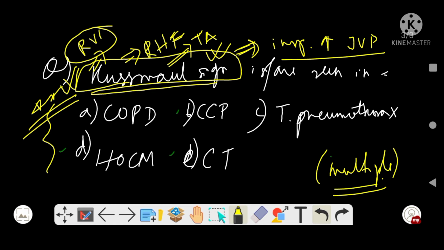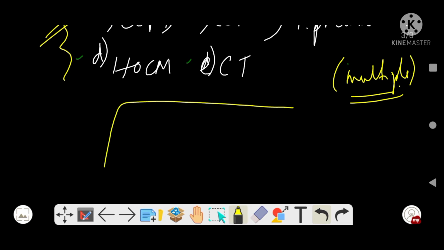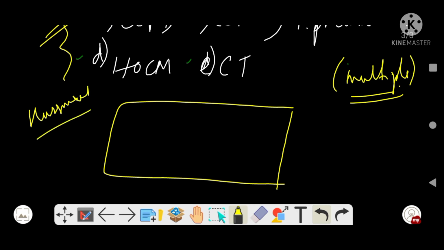Then chronic constrictive pericarditis. Let me write on another slide for you. These are the conditions where you can see Kussmaul sign, right? First is your severe right-sided heart failure or right ventricular infarction. Second is your tricuspid atresia, since the valve is on the right side.